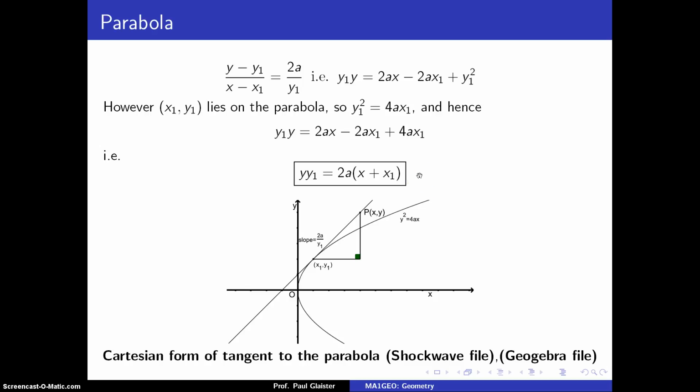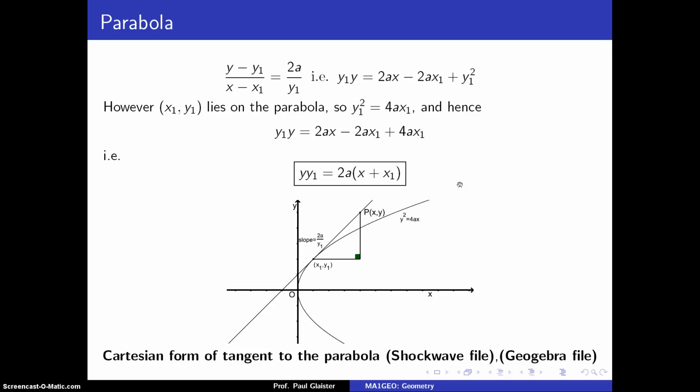We won't use that anywhere near as much as the form involving t, the parameter. And again, you can quickly check that if you substitute for y1 as 2at and x1 as at squared, you get the same parametric form as shown before.